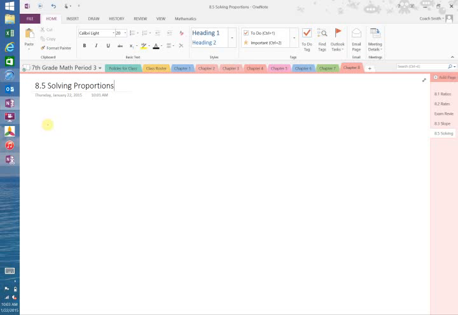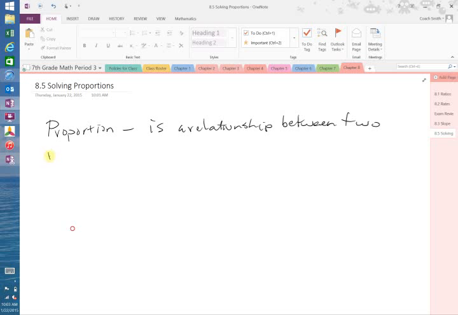A proportion is a relationship between two ratios that are equal, or another word, equivalent.